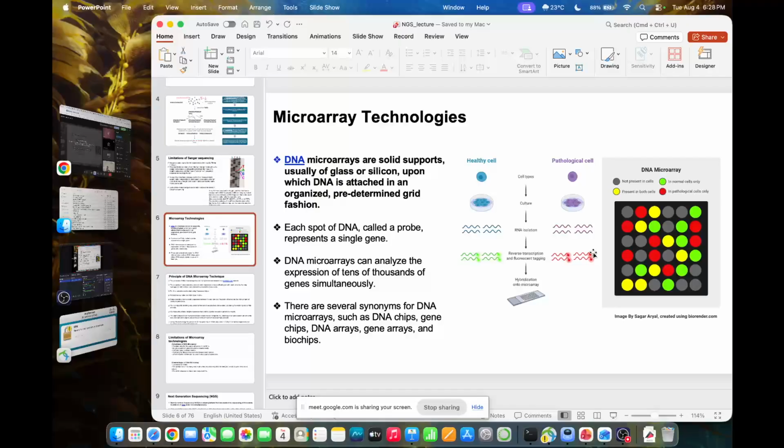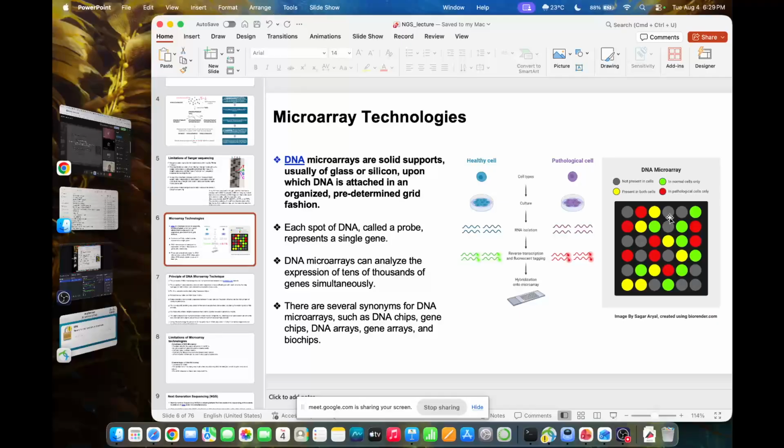If your read goes and binds to that probe with perfect binding of all the nucleotides hybridizing to form double-stranded DNA, it will emit a signal which will be captured by a high-definition camera. Similarly, you can tell if there is a mismatch.